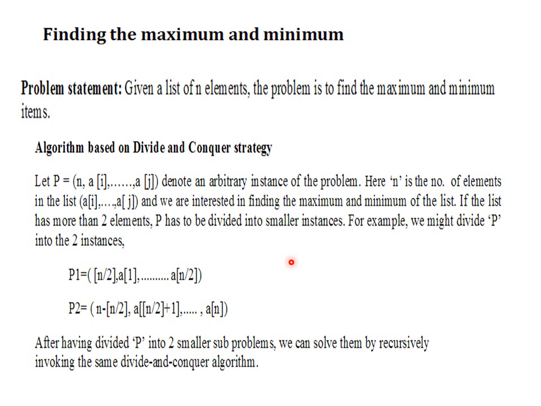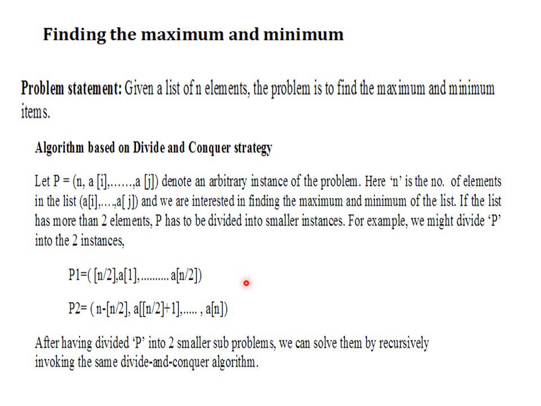In this situation, according to divide and conquer approach, we need to divide the problem into subproblems and solve each of the subproblems recursively. For example, if the list contains 8 items, then divide the list into two sublists, each containing 4 items.